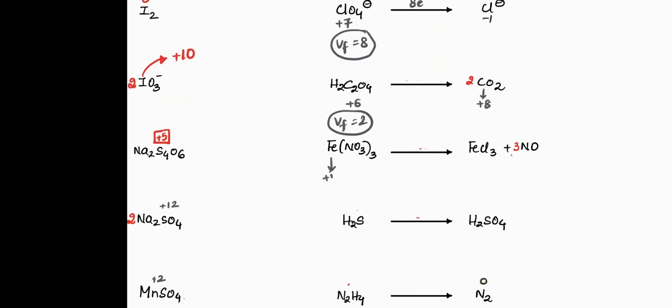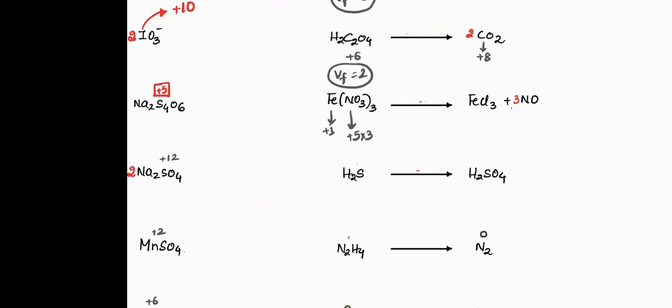Iron, which is at +3, because all 3 NO3 groups we have, and each nitrogen will have +5 oxidation state. So +5 into 3 is what I need to check, because there are 3 nitrates in it. And iron is at +3, so there is no change in here, but NO is at +2, so 3 into +2.